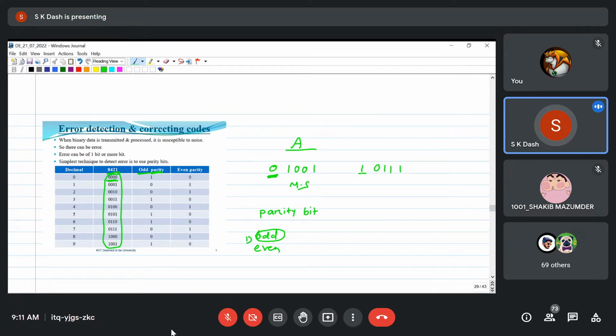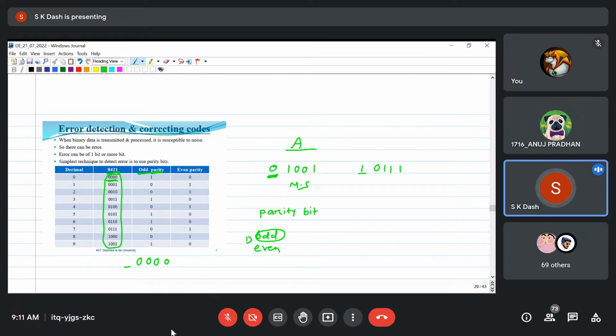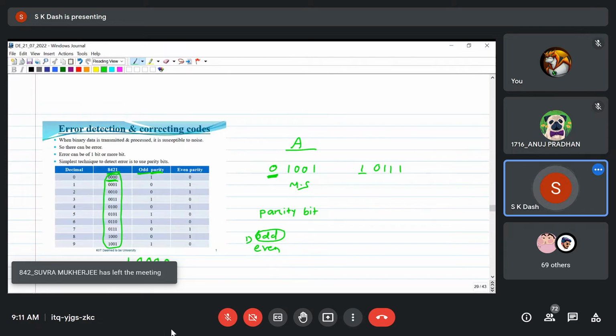If it is already 0, it is an odd parity system, then what do I need to add? What will I write, 0 or 1? One. It should be 1, because the number of ones has to be odd. There is no 1, so here 1 needs to be added.